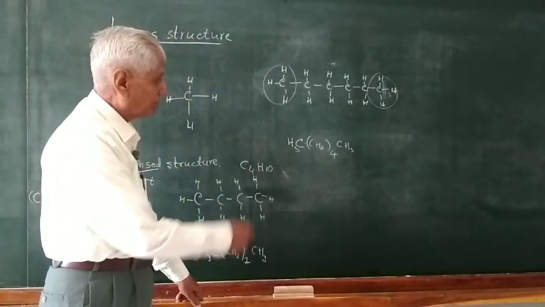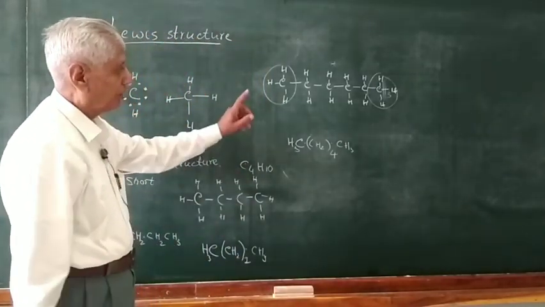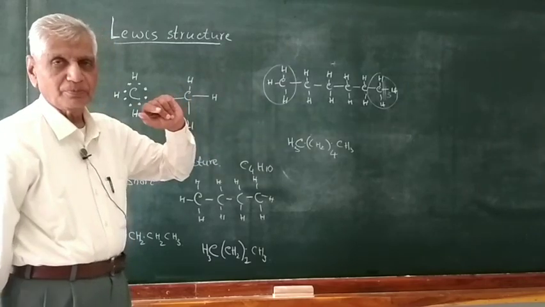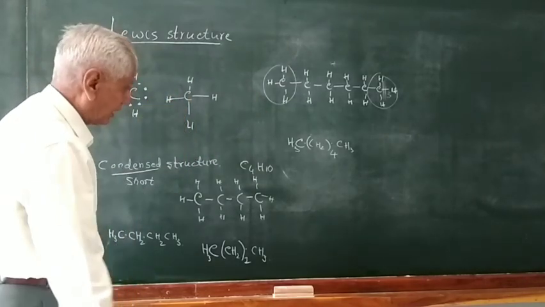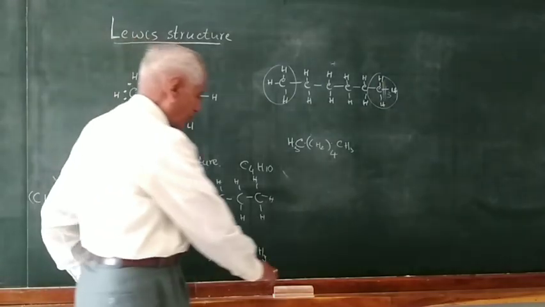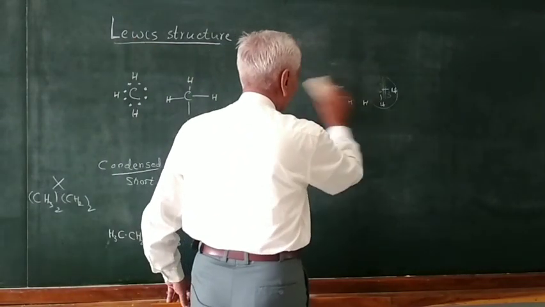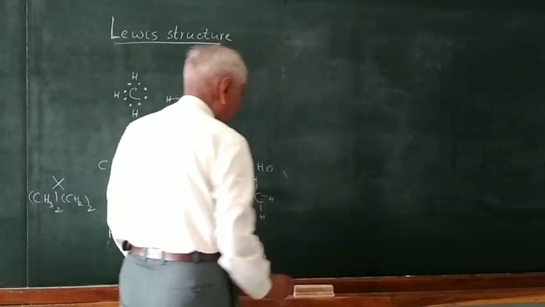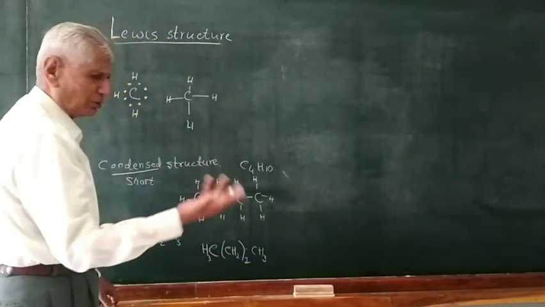Okay? So this is how you can write a condensed structure for this particular structure. This is another method which is called the condensed structure. Like that you can go and write it.